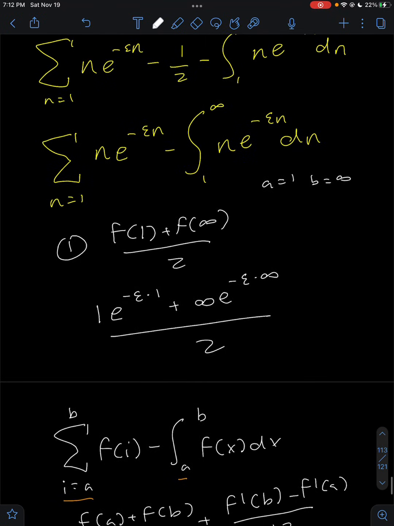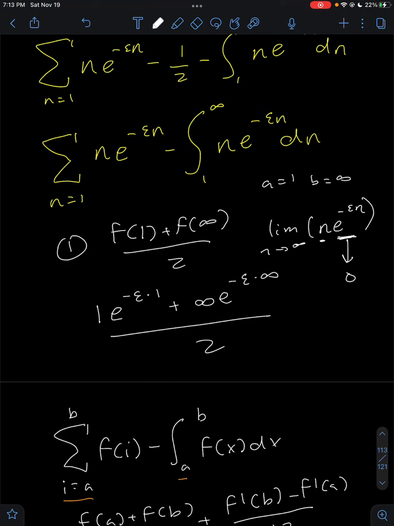Now, you might be worried about this second expression, which is why we should really say the limit as n approaches infinity of n e to the minus epsilon n, because the exponential is a common rule in math: the exponential will always win. So this exponential is going to go to 0 faster than this term goes to infinity.